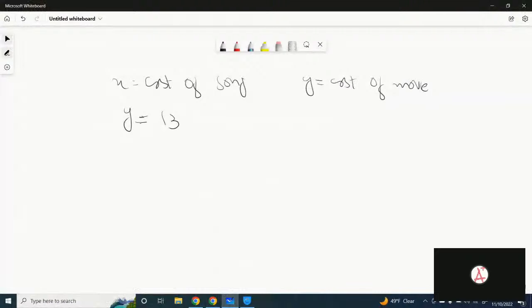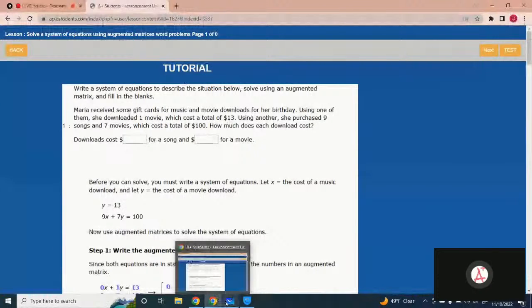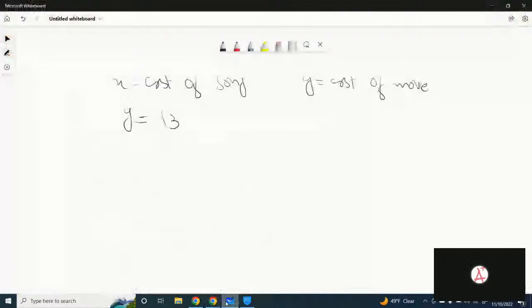Got it? Okay, for the second equation, it would be 9 songs and 7 movies: 9x plus 7y equals 100. Okay, let's form the matrices. Let's write down these equations in x and y.